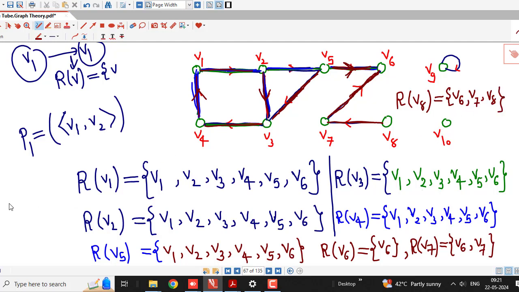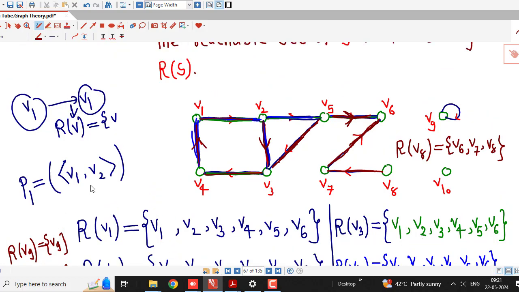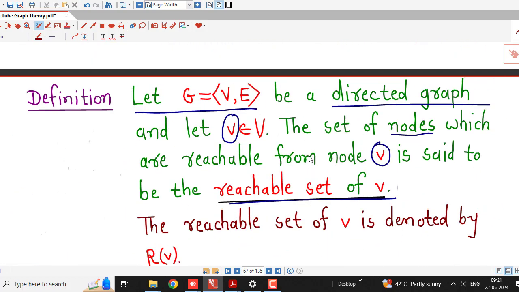And vertices v9 and v10 are isolated, so their reachable set consists of only one vertex, that is v9 and v10 respectively. So in this way we can identify the reachable set of a given vertex. We have to identify all those vertices or nodes which are reachable from a given vertex.